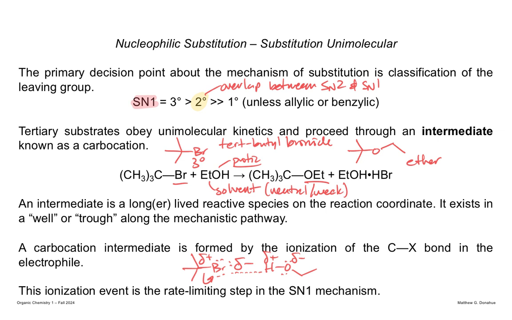So you form a plus charge on carbon and a minus charge on bromine. So that's what we mean by ionization. And so now you have this carbon that's plus. So that's electrophilic. The ethanol has lone pairs on oxygen. Those are nucleophilic, and then that will attack. So that's the substitution.